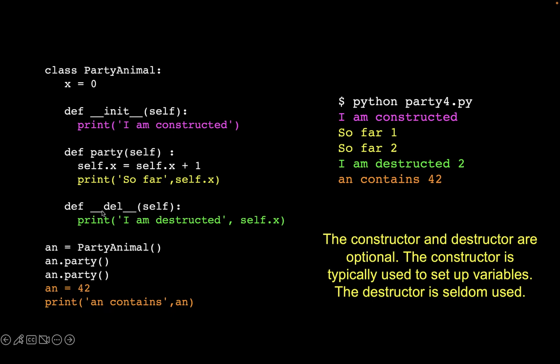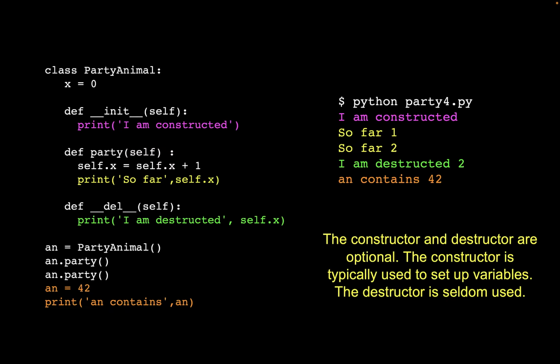What would we do in a destructor? Well, I have to think hard because I've probably only coded one in all the years that I've been doing object-oriented programming, which is probably 25, something like that. Okay, but this is the kind of thing where you just need to clean up some kind of resource.